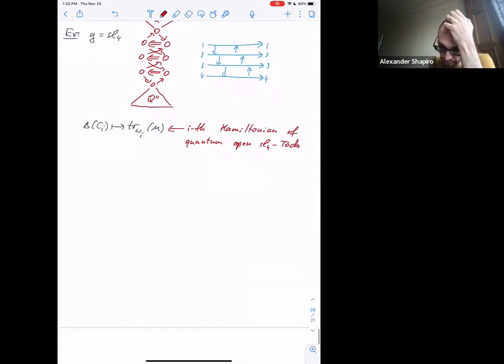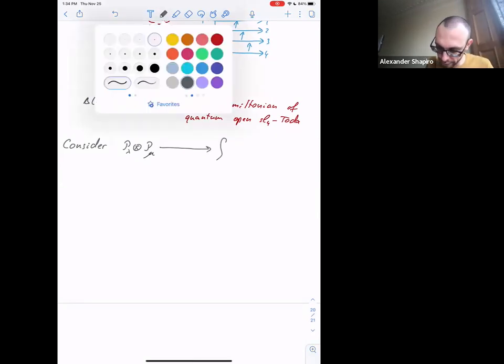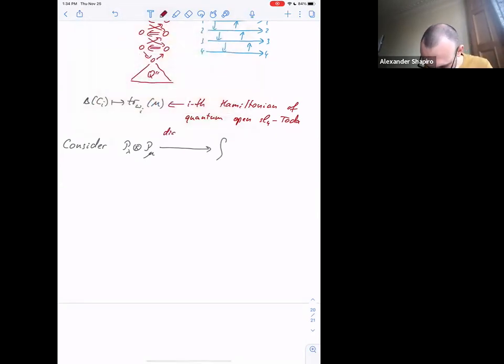All right, now if we want to diagonalize this product, P lambda tensor P mu, what you want to do is diagonalize all of this, delta of C1 through delta of Cn.